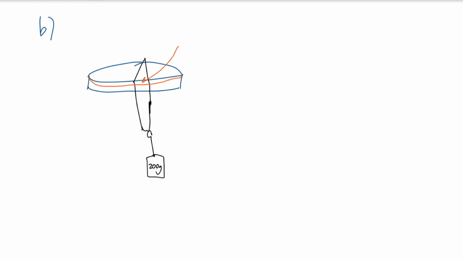And that bend is 0.008 meters. There we go. And we are looking for the elastic potential energy that the docking station has when it's bent that much. So it's essentially acting like a spring.